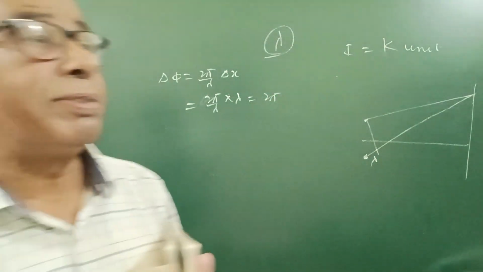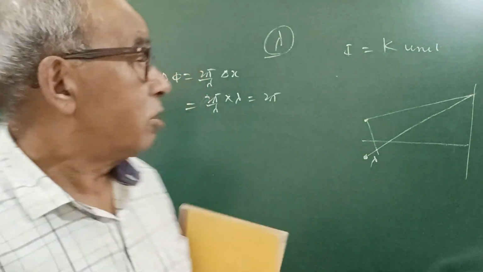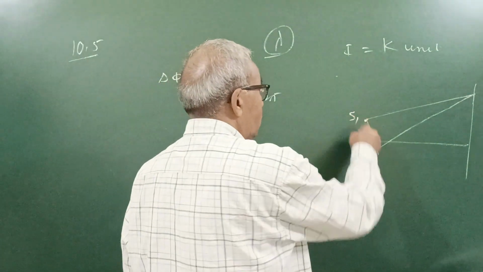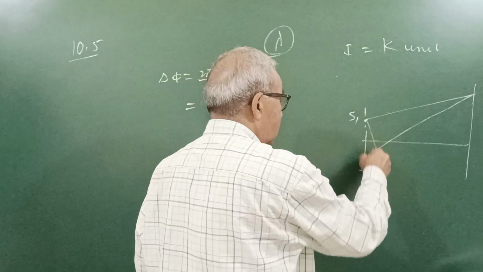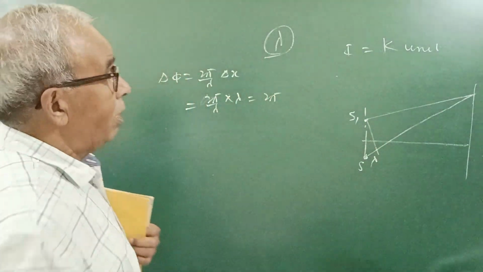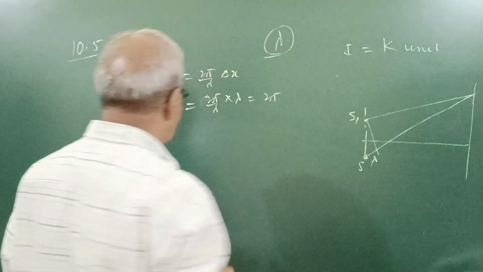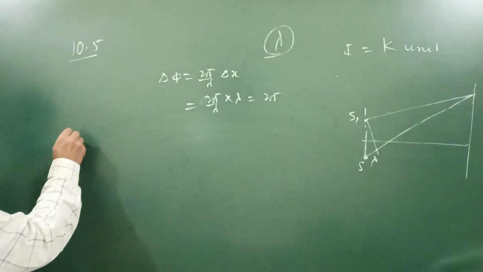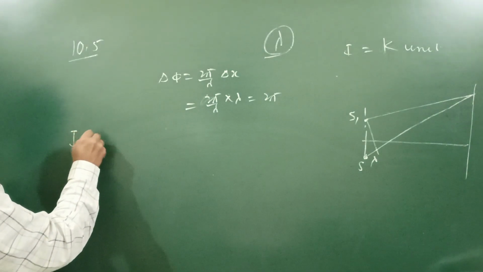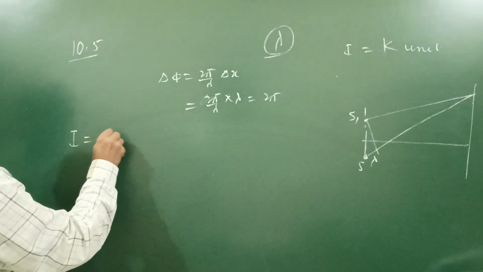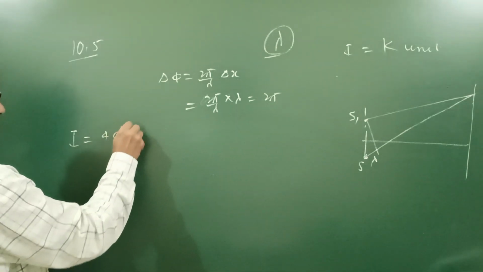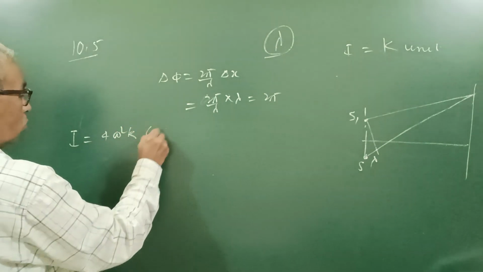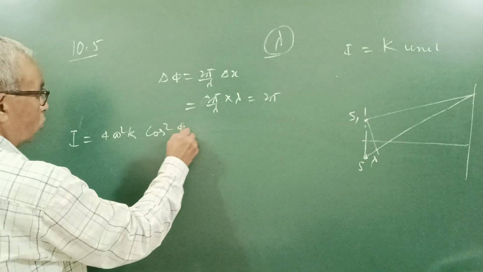If light waves starting from S1 and S2, which are initially in the same phase, meet at a point where the path difference is lambda, they meet in the same phase. We have derived this equation: I equals K into cos square phi upon 2.